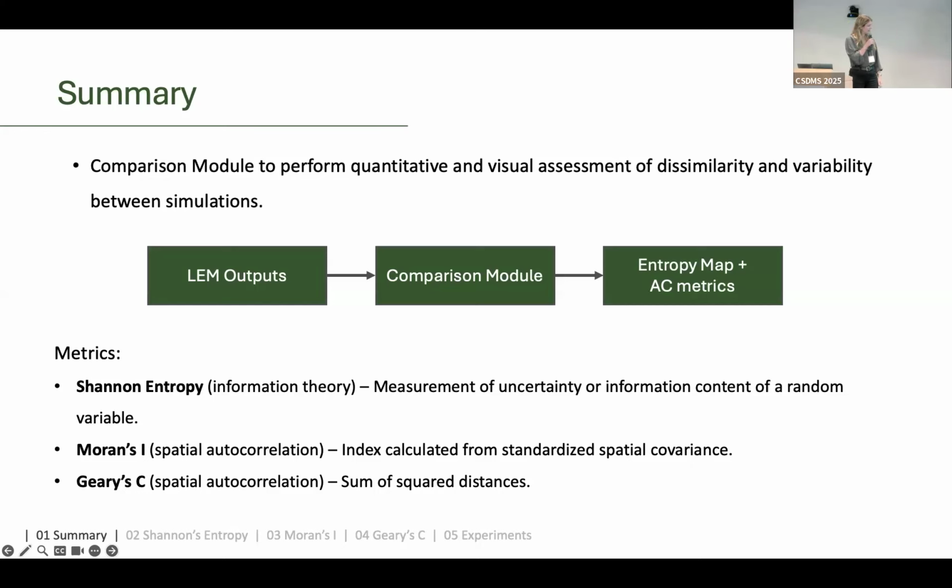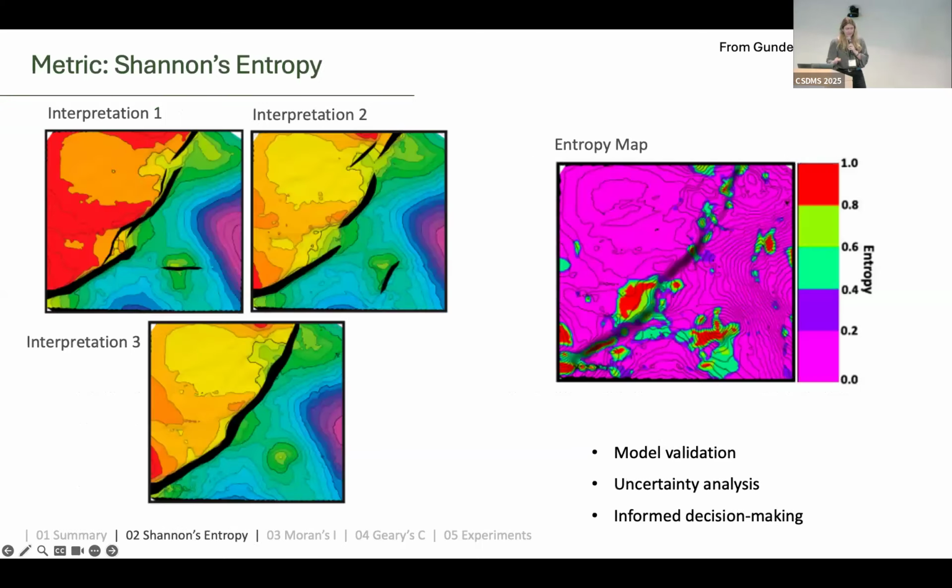Combined with that, I also use spatial autocorrelation, Moran's I and Geary's C, which is a number that each of your outputs will result in, basically the similarity of neighboring values in your grid.